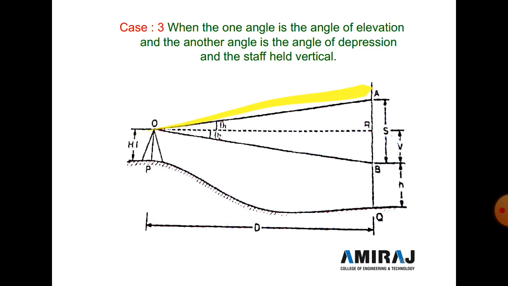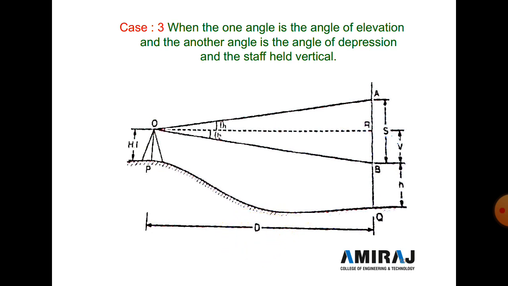So here the upper crosshair is plus theta 1 and the lower crosshair is minus theta 2, and vertical distance V is from the bottom crosshair to the horizontal line of sight. From the bottom crosshair reading to the bottom of the staff is a small h, and HI is the height of the instrument, and from the instrument station P to Q staff station is the horizontal distance D.